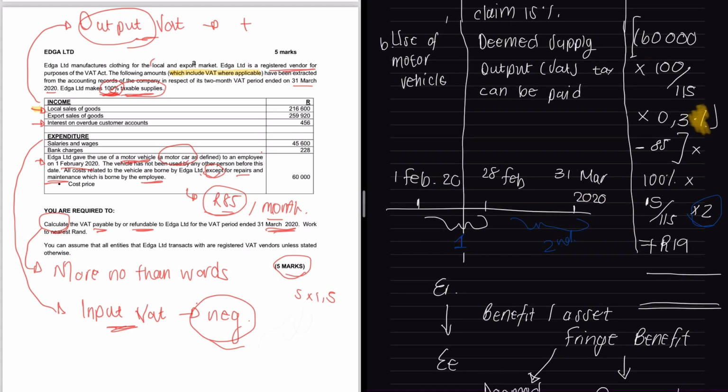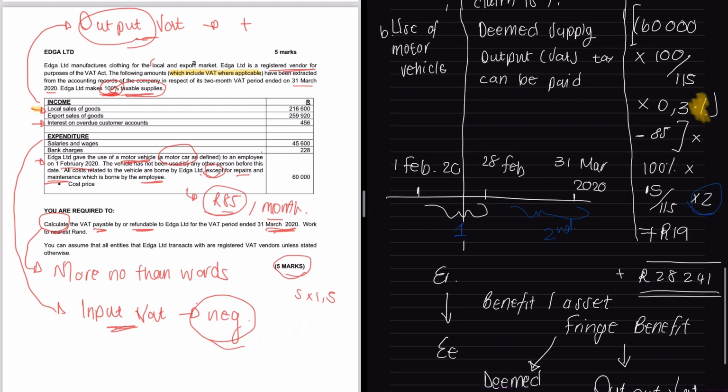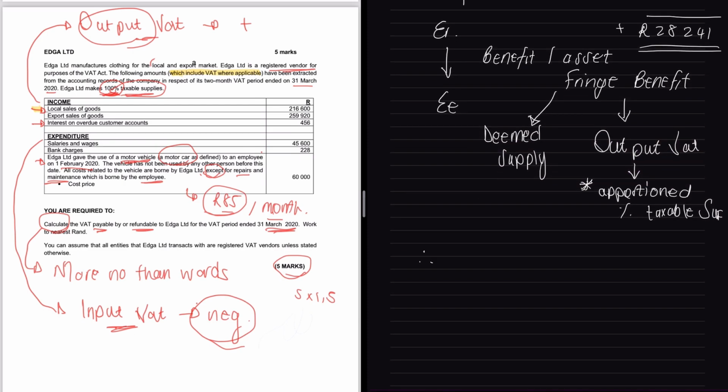Just double check, 0, 0, 0, 0, 0, 30, and we've got that 19 there, plus 19, to get us an amount of 28,241. This is a positive amount, therefore we can conclude that our VAT is payable to SARS. An amount of R28,241.